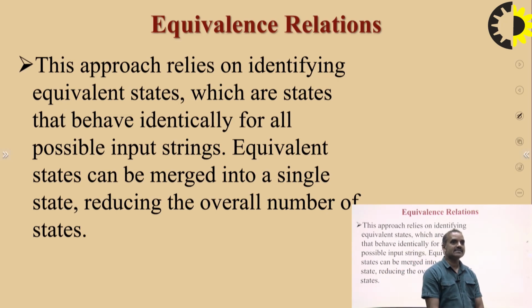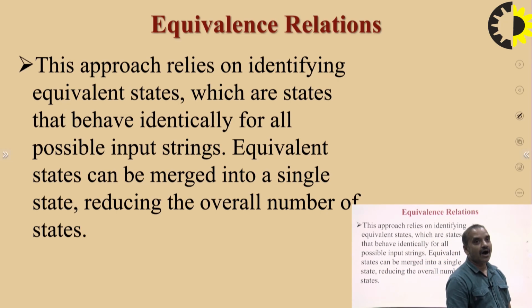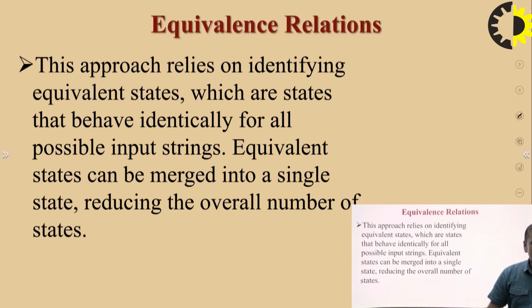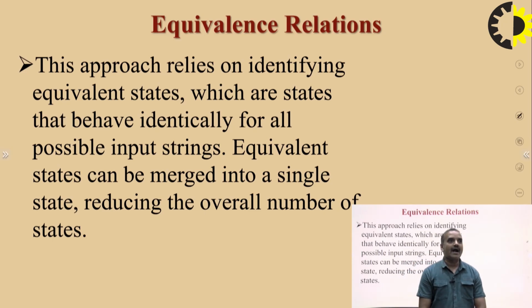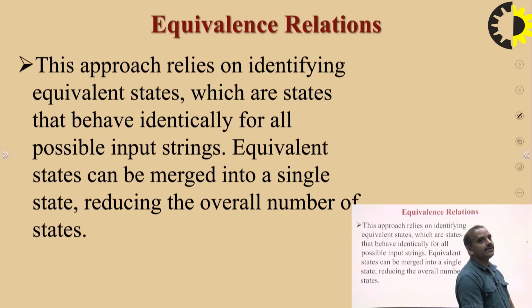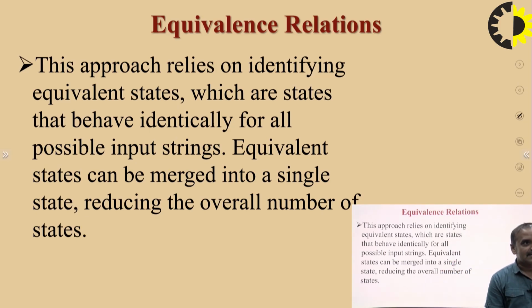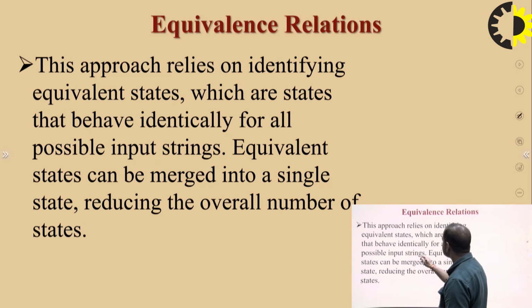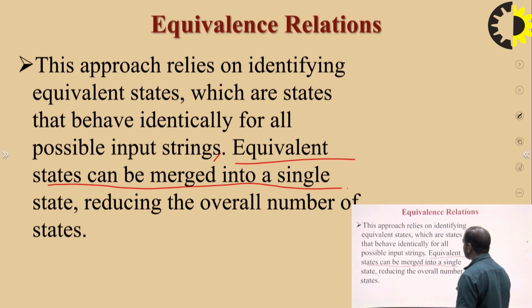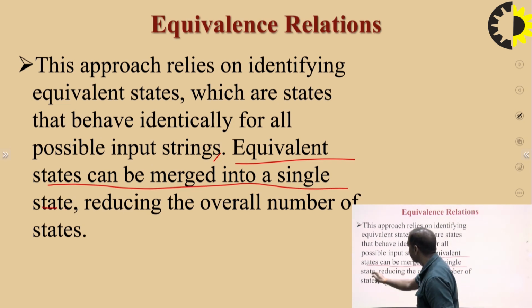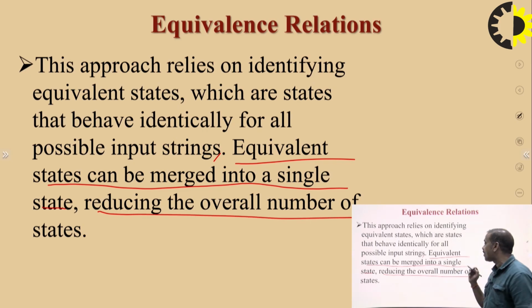Here we only discuss the equivalence method, how we have to minimize the given automata. This approach relies on identifying equivalent states, which are states that behave identically for all possible input strings. Equivalent states can be merged into a single state, reducing the overall number of states.